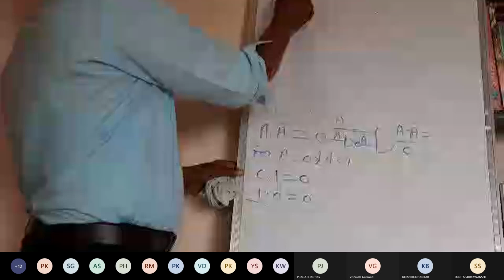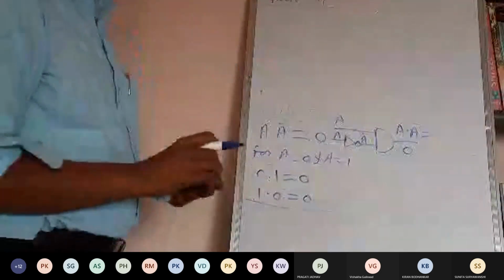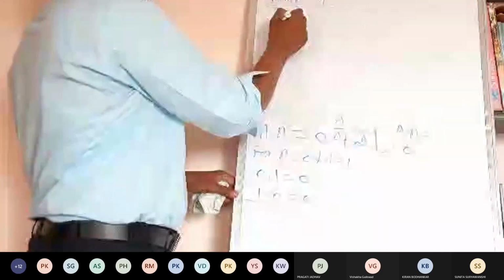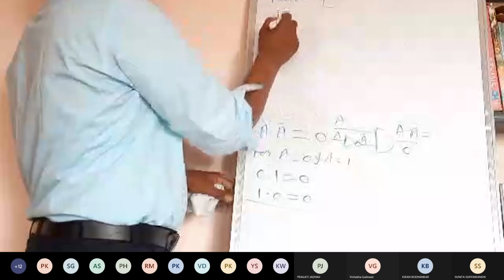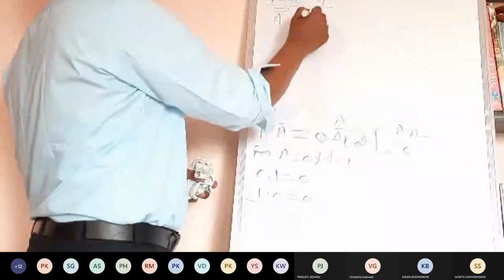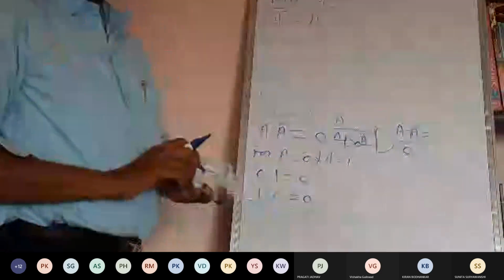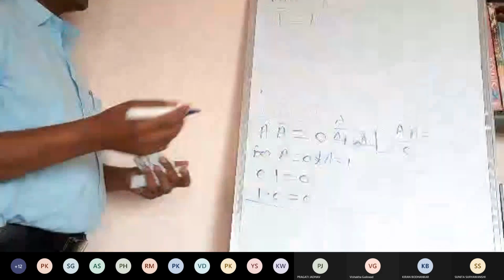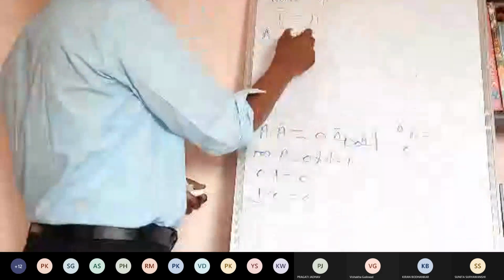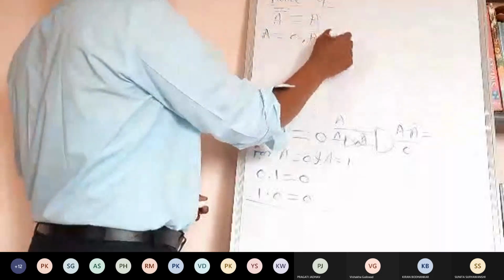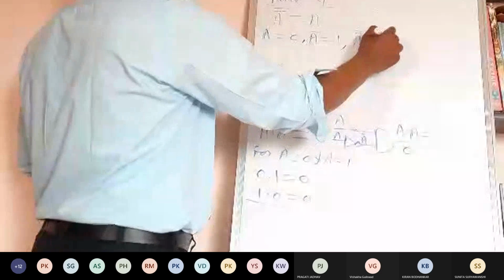Okay. Rule number 9. What is rule number 9? Very simple. Complement of a complement, that is A double complement is equal to A. I think I showed you this yesterday. A double complement is equal to A. How? If I put A is equal to 0, then A complement is equal to 1 and A double complement is equal to 0.